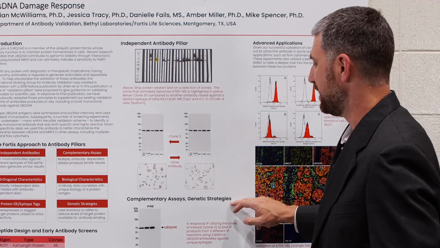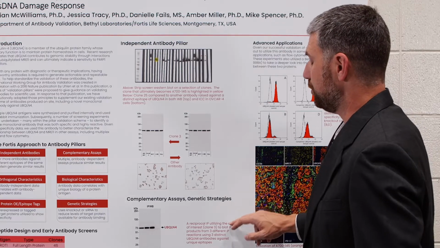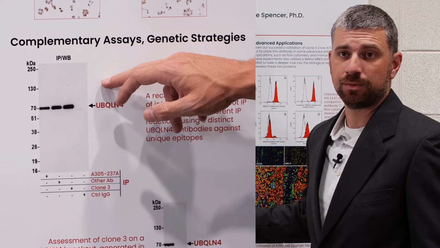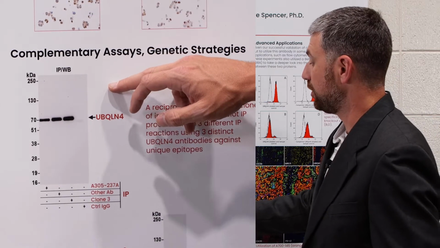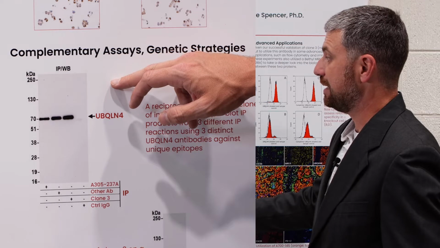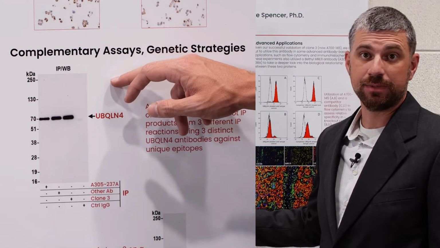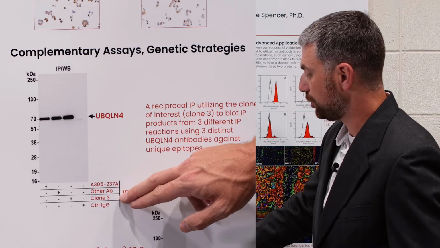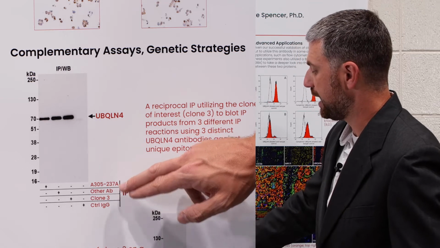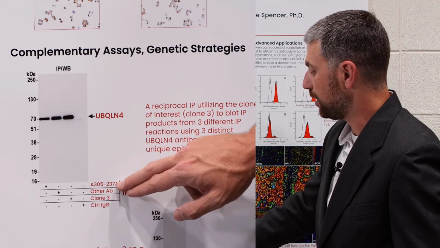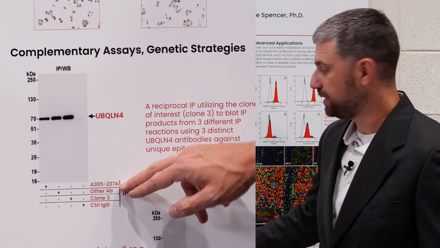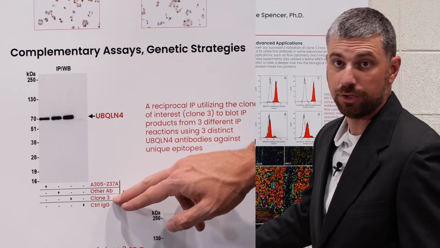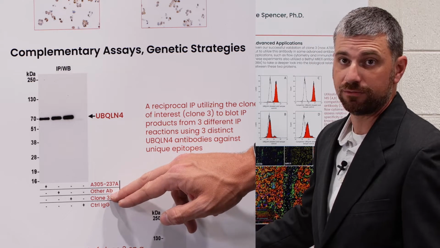And now we'll move down into a couple of new ones. This is what we refer to at Bethyl as a reciprocal IP, and this will check not only the independent antibody pillar but the complementary assays pillar as well. We basically have 3 different antibodies, or I guess 2 control antibodies and our clone, that are all being used in an IP reaction and then run on an SDS-PAGE gel and then blotted with our new clone 3, or A700-145.